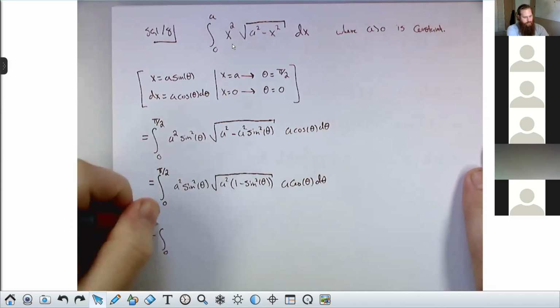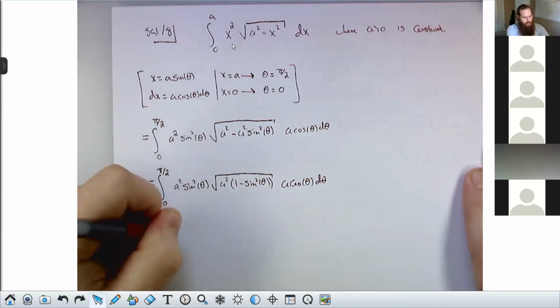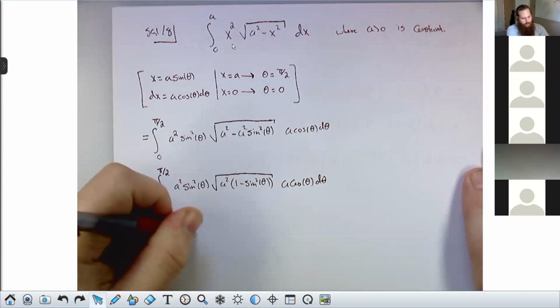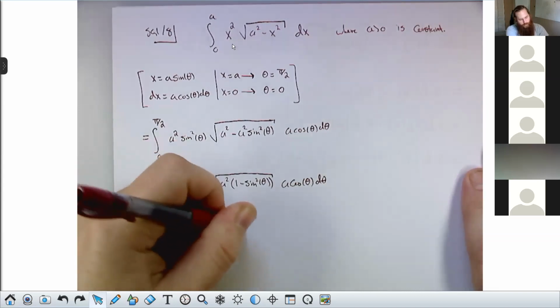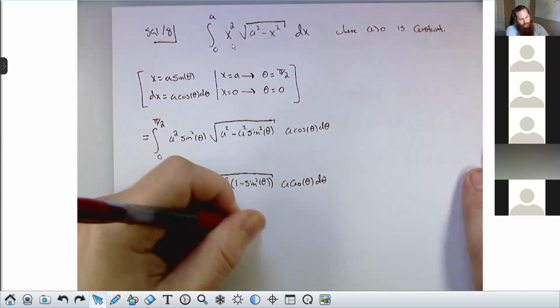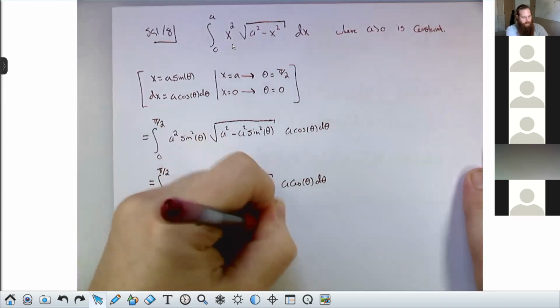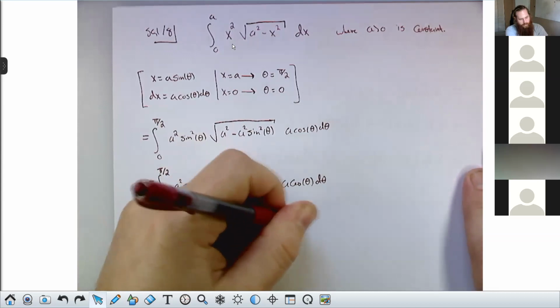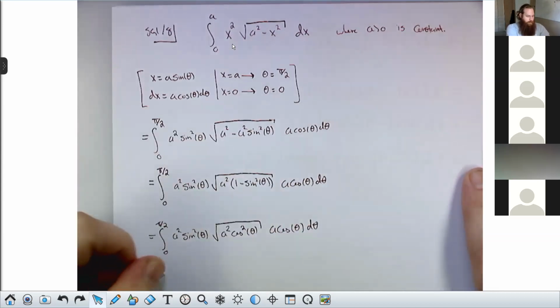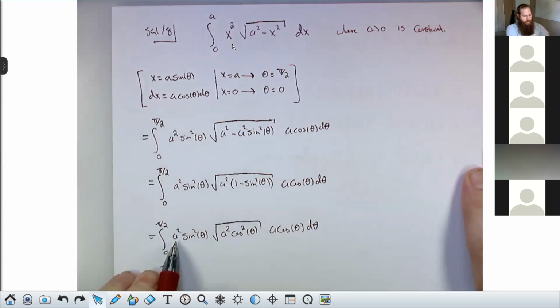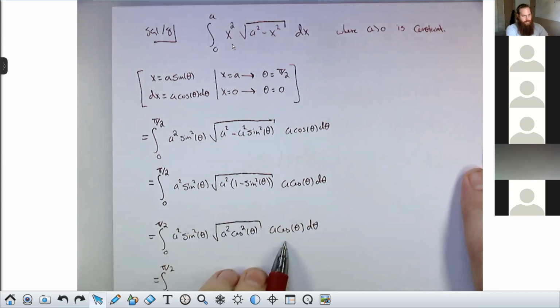This is integral 0 to pi over 2 a squared sine squared theta times the square root of a squared cos squared theta times a cos theta d theta, which is integral 0 to pi over 2 a squared sine squared times this is a cos theta after taking the square root, and this is a cos theta.